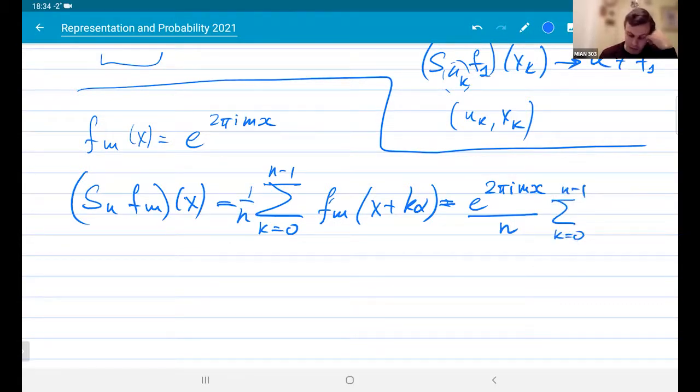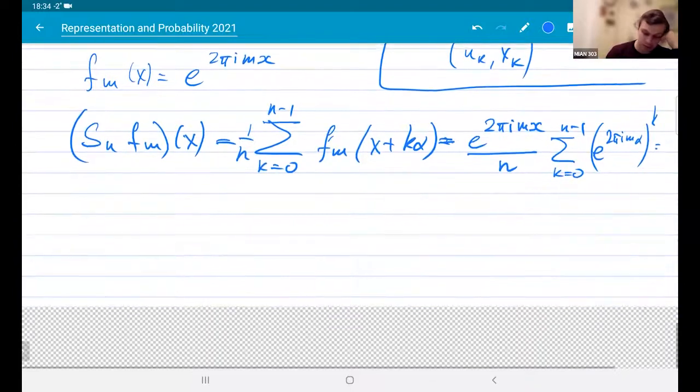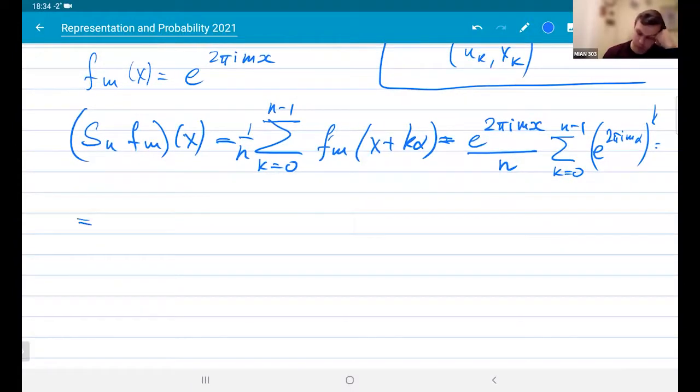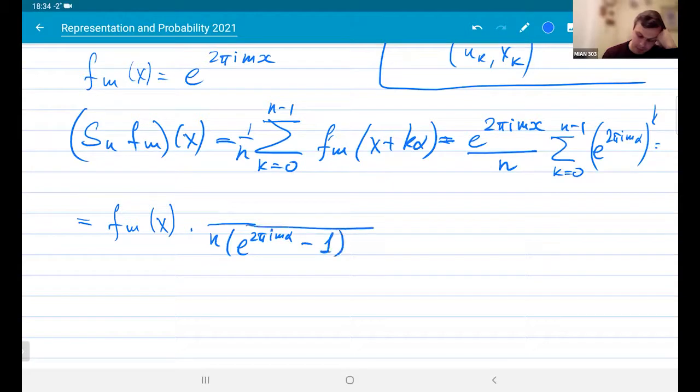So you have e to the 2 pi i m alpha to the power of k, and so you have, let's see, f of x. So here is the sum.